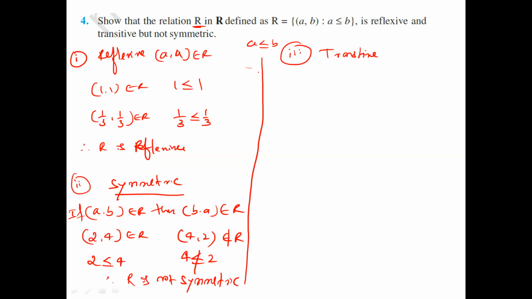Now transitive, I'm going to take that (a, b) belongs to R and (b, c) belongs to R, then (a, c) belongs to R. Just a minute.